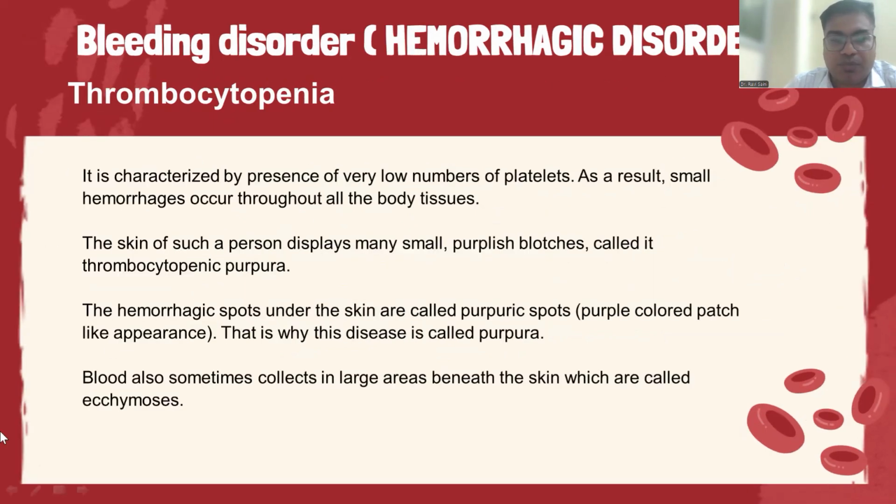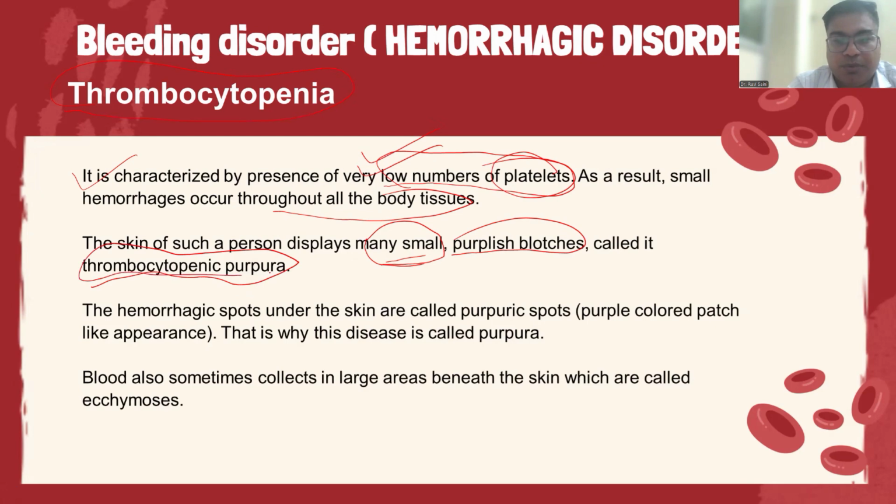The next disease is thrombocytopenia. It is characterized by the presence of a very low number of platelets. The name thrombocytopenia means there is a deficiency of platelets. As a result, small hemorrhages occur throughout all the body tissues. The skin has many small purplish blotches which are called thrombocytopenic purpura.